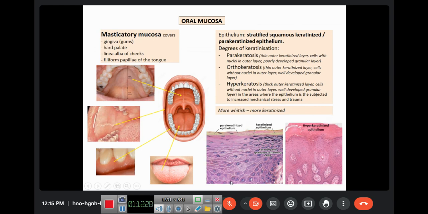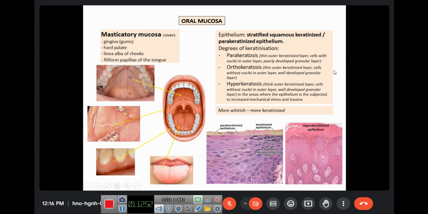So in this picture, in the left part, we have the parakeratinized epithelium. We have the keratinized layer, but we still see the flattened cell nuclei here. These cells are already dead, but they still have the nuclei. So it is called parakeratinized epithelium.